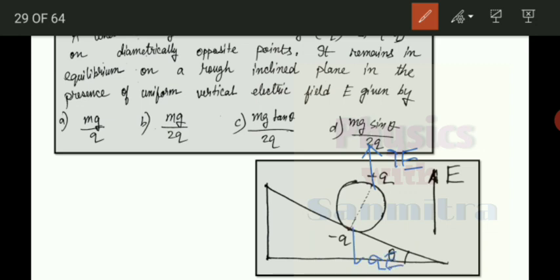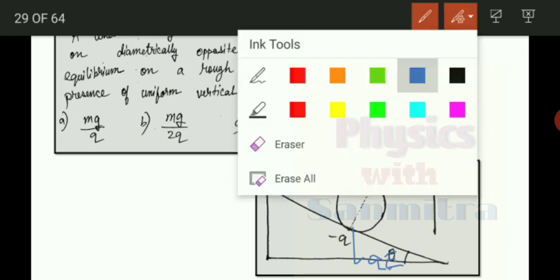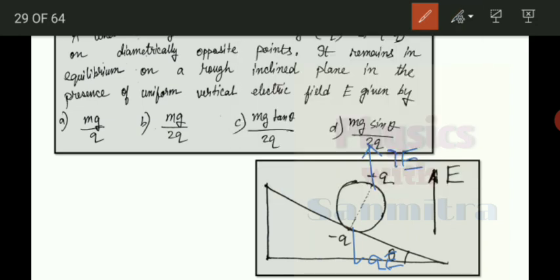This is minus qE. And this is mg downwards. Mg is downwards. Now it is in equilibrium, and also there is a normal reaction, normal force. This normal force would act like this. Now how can I balance this?